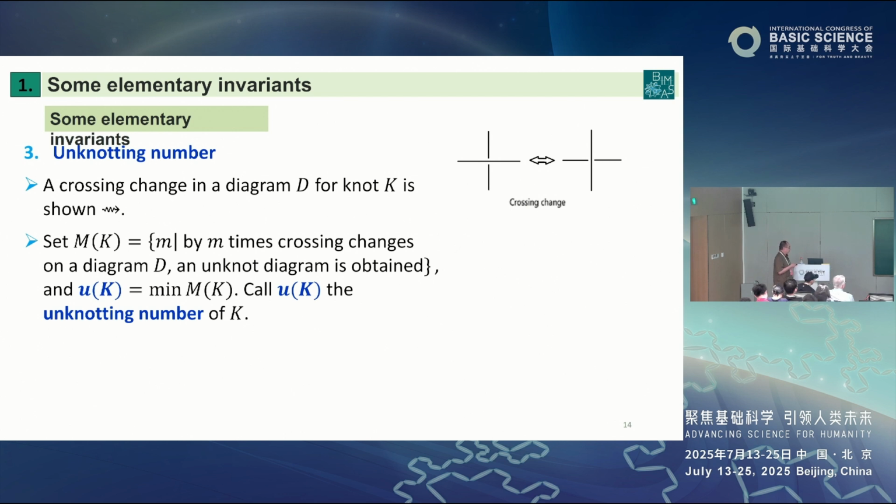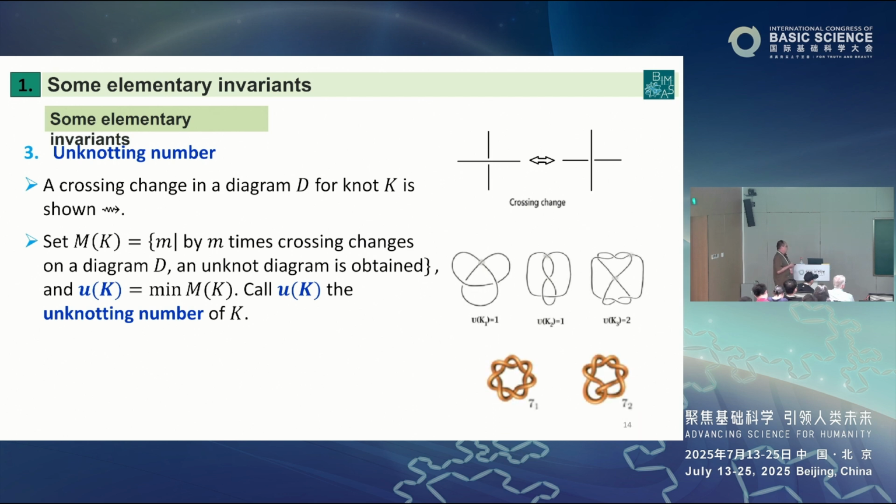We call u(K) the unknotting number of K. Here are some examples of unknotting number 1 knots. We can check the unknotting number is also a knot invariant.